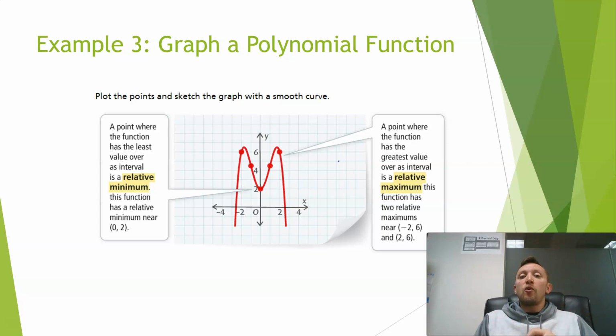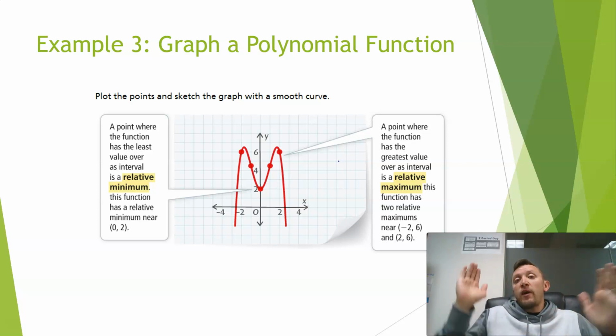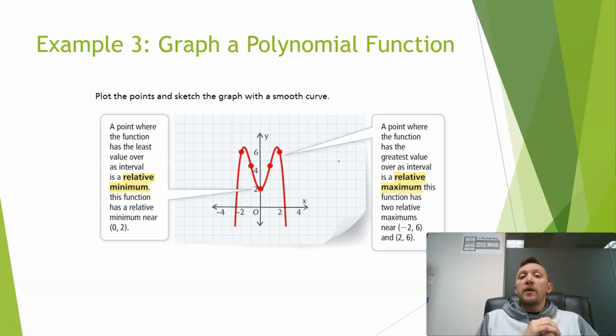But we might have a graph that goes infinitely up and down. If we have these little changes in direction, these turning points, we may not have an actual maximum point if it continues to increase infinitely, but we might have what's called a relative maximum, where it changes direction before it goes infinitely up, or it changes direction at a lowest point before going infinitely up. So we have relative minimums and relative maximums.